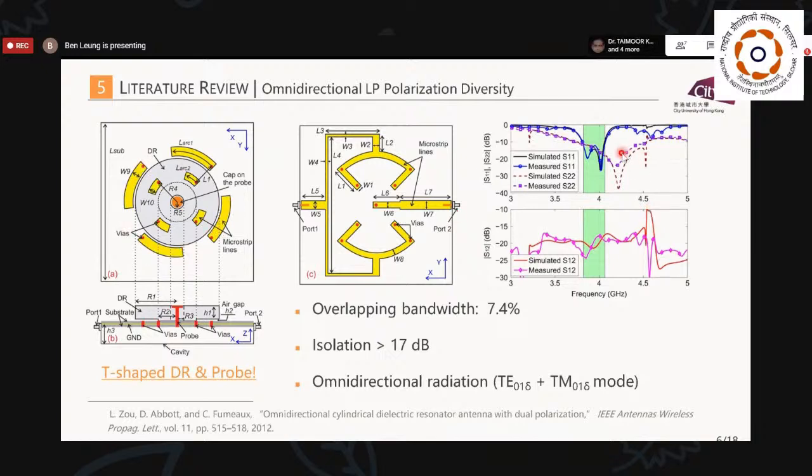So these are their results. S11 for port 1 here, and S22 for port 2 here. Now, port 2 is the TM mode. Port 1 is the TE mode. This is the isolation. As we can see, the isolation is about 18 dB for the frequency band that they are concerned with.